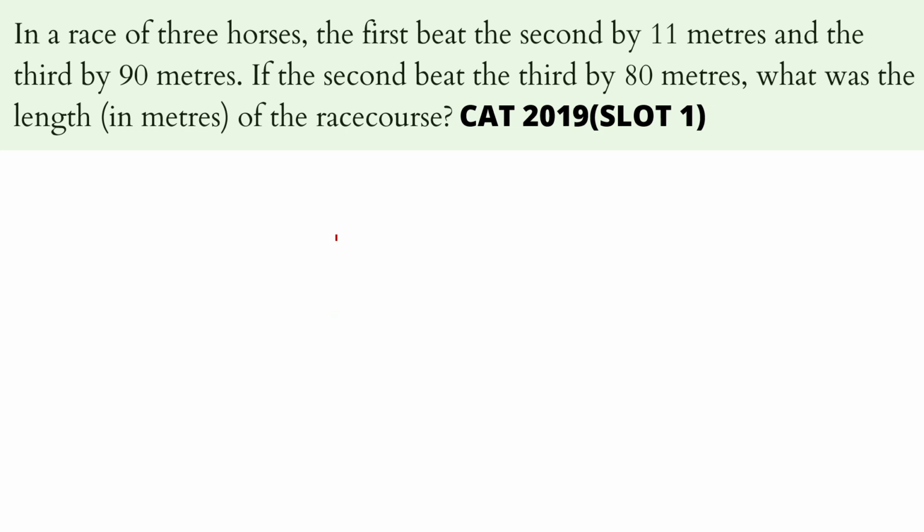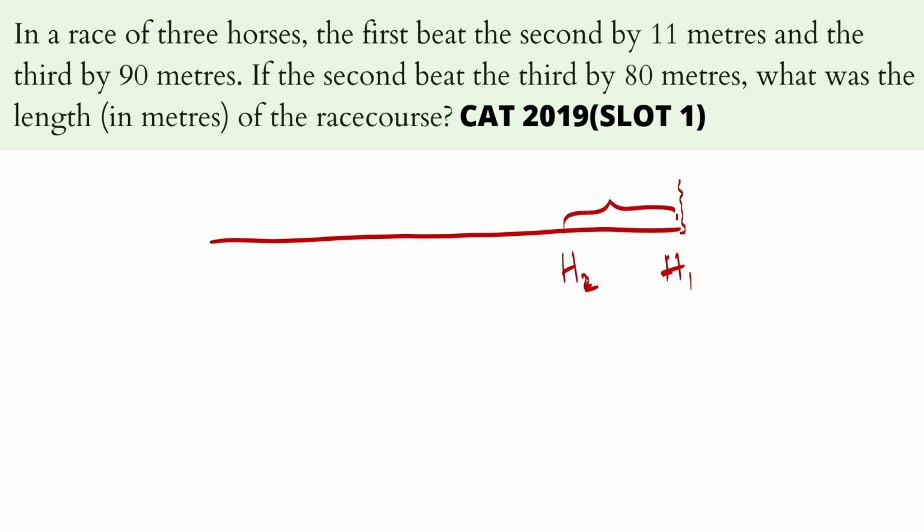Now, what's the question saying? There is a race, and there are 3 horses. The first beat the second by 11 meters. That means by the time horse 1 finishes the race, this is the end of the race, right? So horse 2 must be somewhere here, and the difference between horse 1 and horse 2 is 11 meters, and the third by 90 meters.